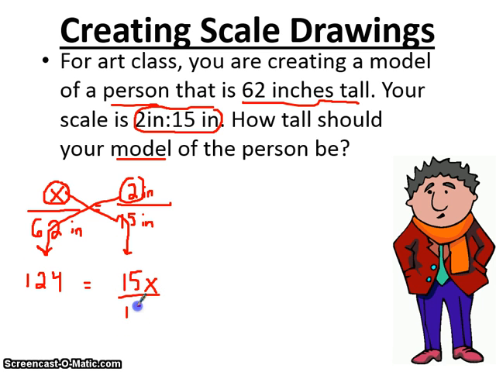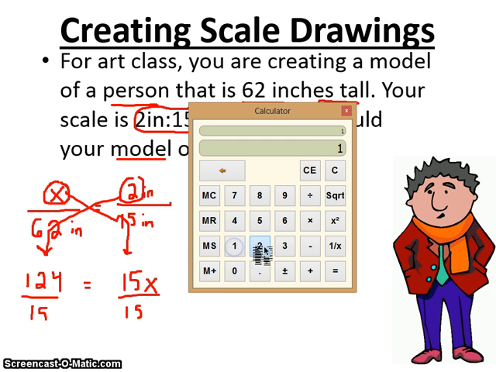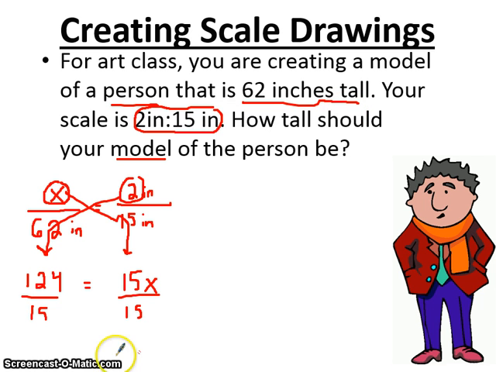Divide each side by 15, and we get 124 divided by 15, which is 8.26. We will go with 8.3 inches tall. So for our model, if we are truly modeling the way that this person exists, our model would have to be 8.3 inches for this scale.